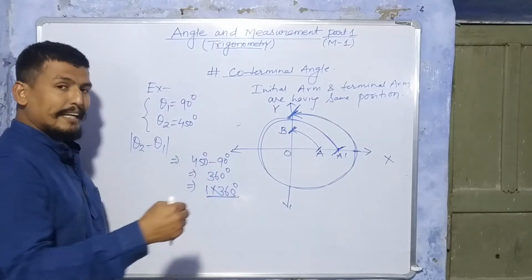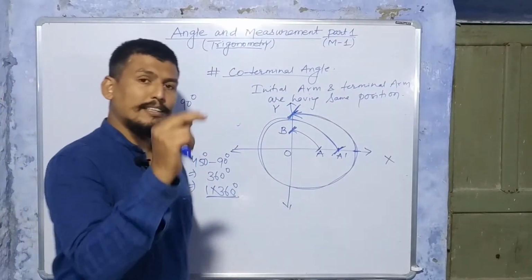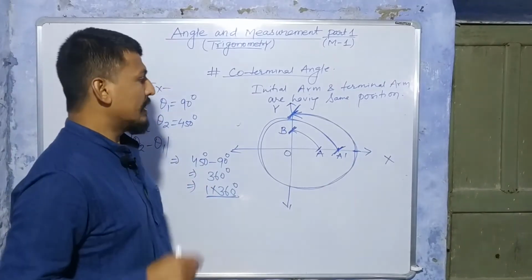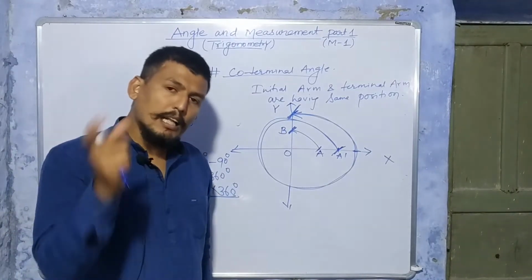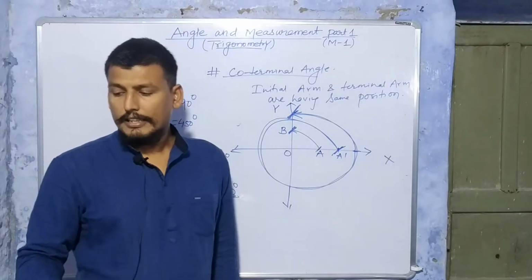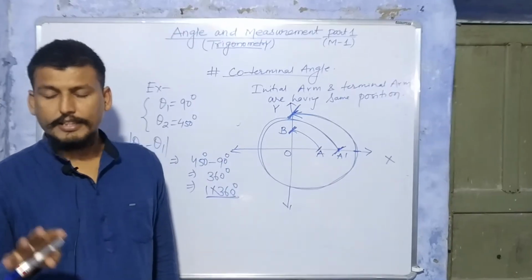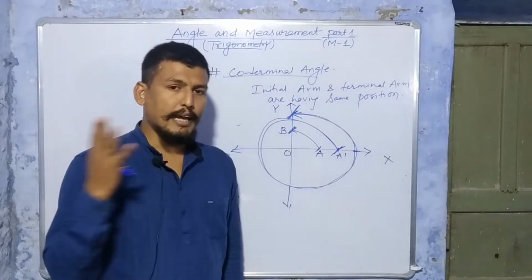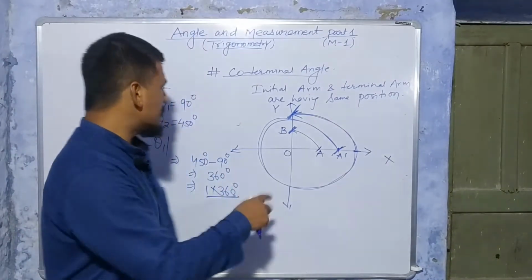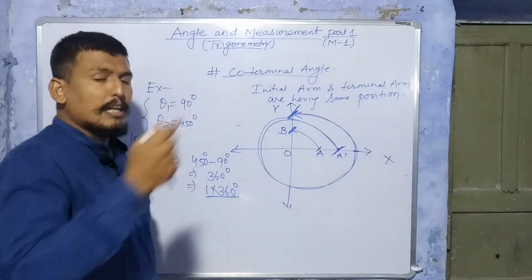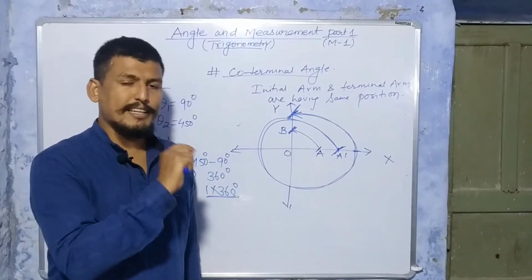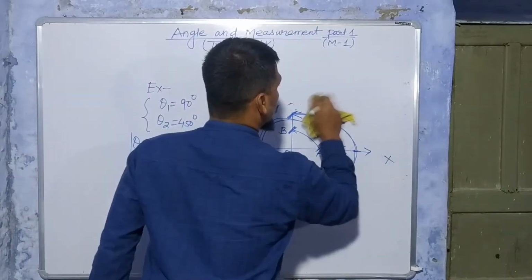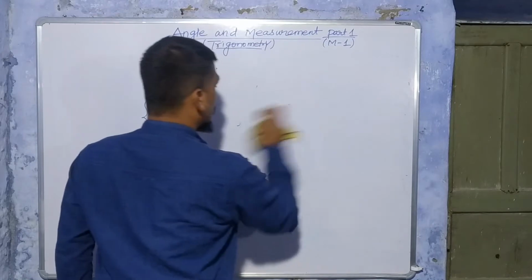This is an integral multiple of 360 degrees. If the difference is an integral multiple of 360 degrees, then the angles are said to be co-terminal angles. Again I repeat, if the difference between these two angles is an integral multiple of 360, then the angles are co-terminal. We'll take one more example in order to clarify the concept.